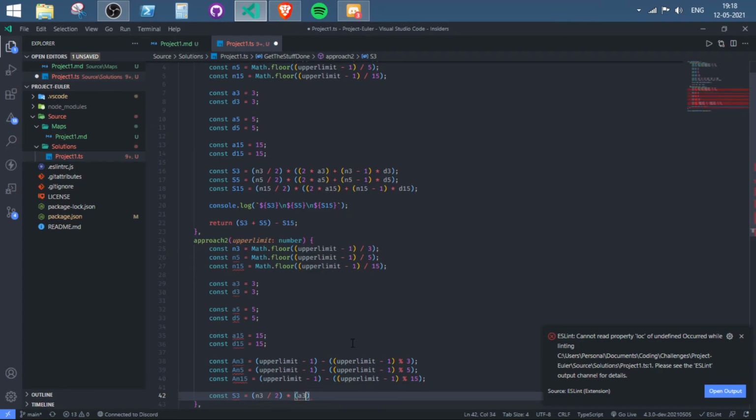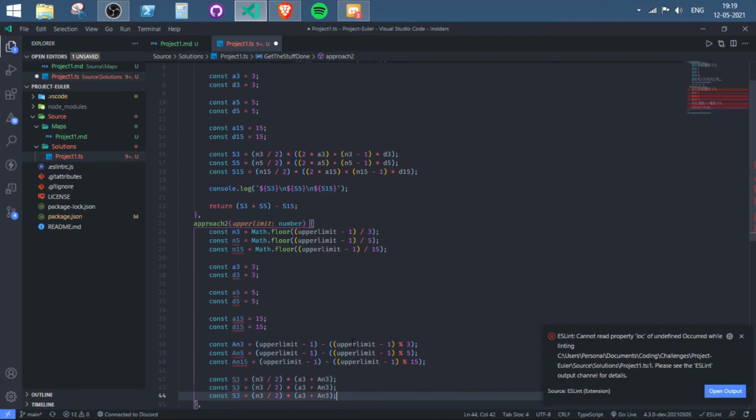So A3 plus we are gonna have the last number, so A3, and then we could just make it 5 and 15, and we could just make it like A15 and stuff.